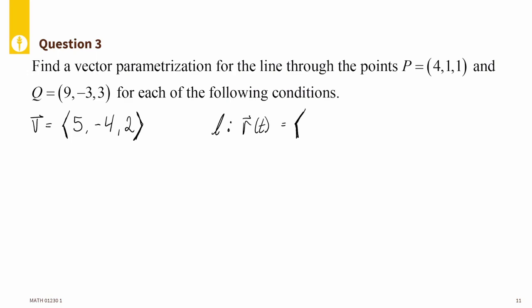So our line would have the parameterization (4 plus 5t, 1 minus 4t, 1 plus 2t) for all t. Can you use P and Q?